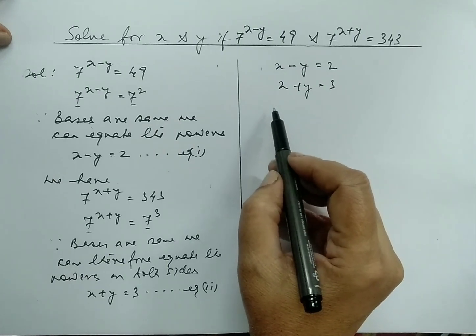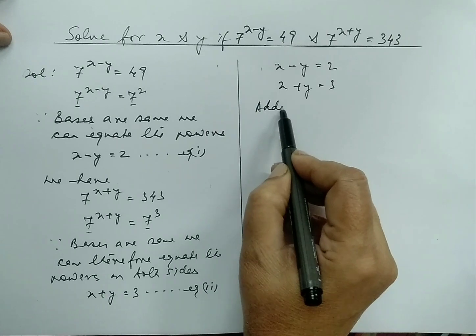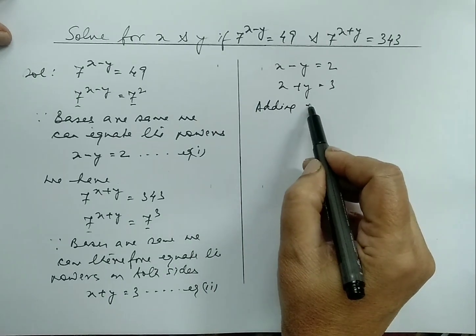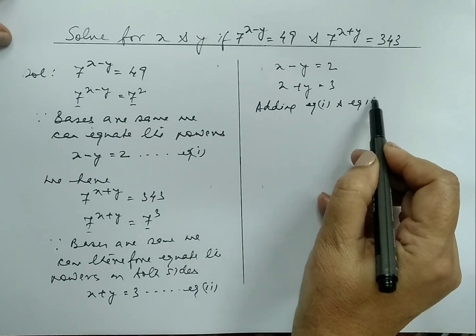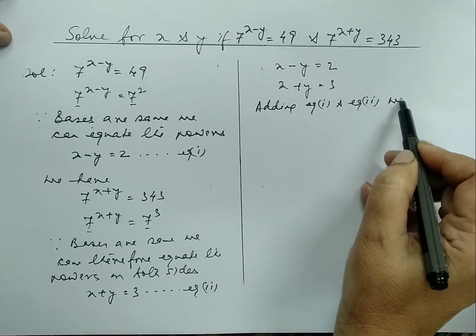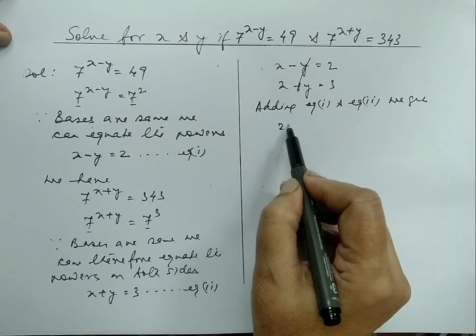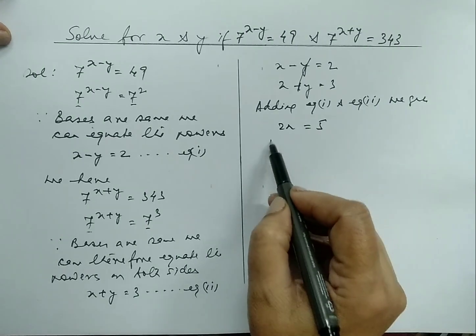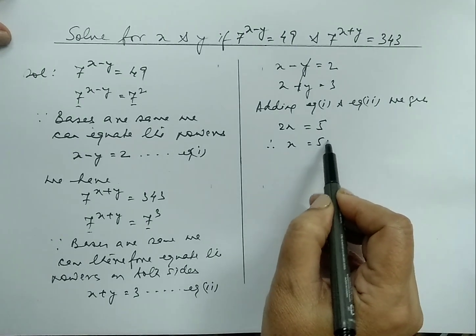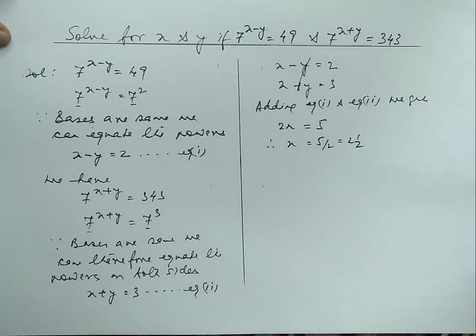So our statement should go: adding equation 1 and equation 2 we get 2x equals 5, which means our x is 5 by 2, which is 2.5, but we'll stick to 5 by 2.